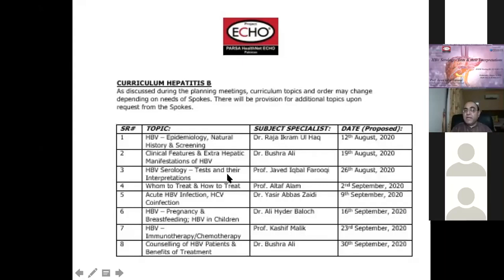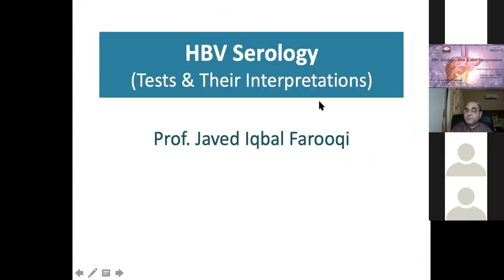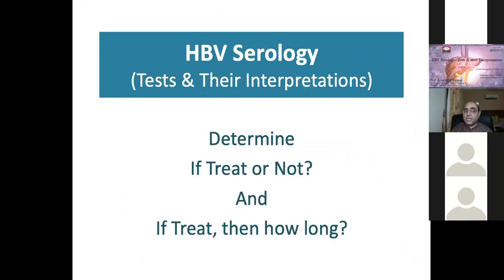In my lecture, I'll try to give concepts of hepatitis B serology, and we'll make the ground for the next lecture, on how we can interpret these and what these serological tests are.